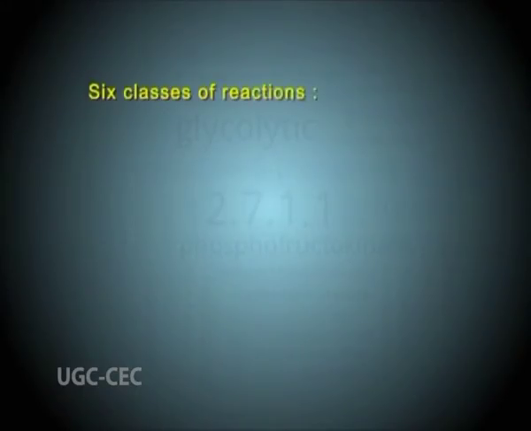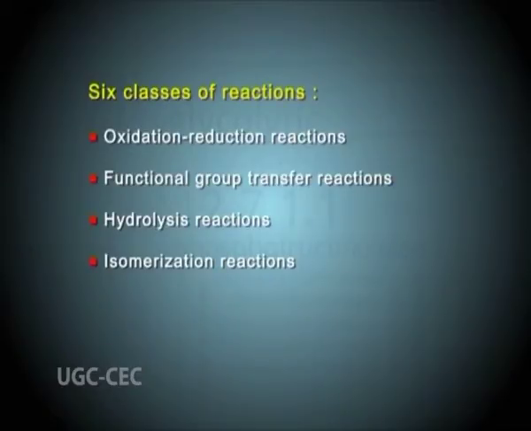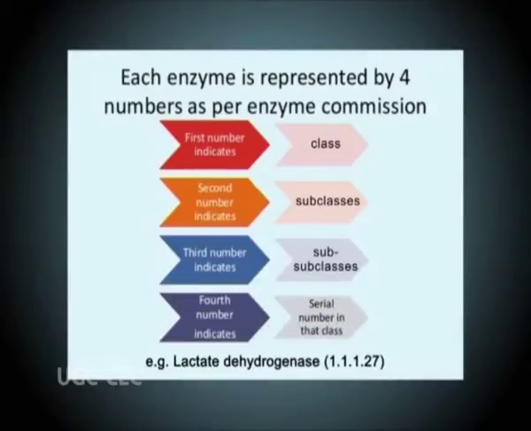Six classes of reactions are recognized, such as oxidation-reduction reactions, functional group transfer reactions, hydrolysis reactions, isomerization reactions, etc. Within each class are subclasses, and under each subclass are sub-subclasses, within which individual enzymes are listed. Classes, subclasses, sub-subclasses, and individual entries are numbered so that a series of 4 numbers serves to specify a particular enzyme.